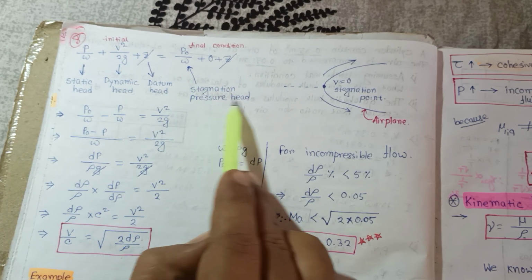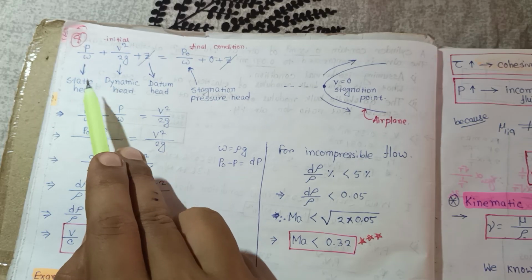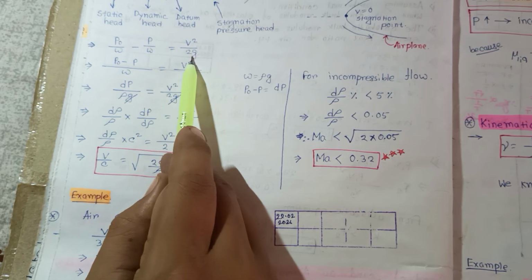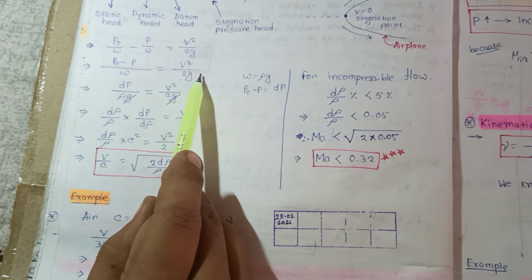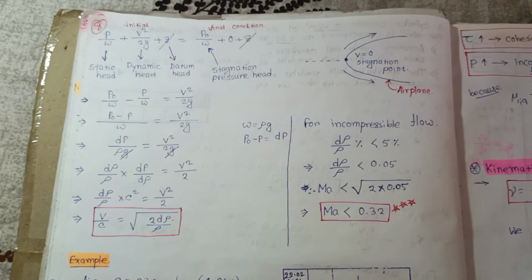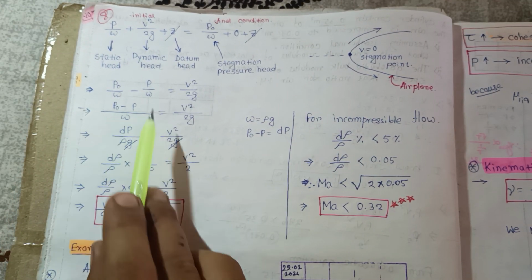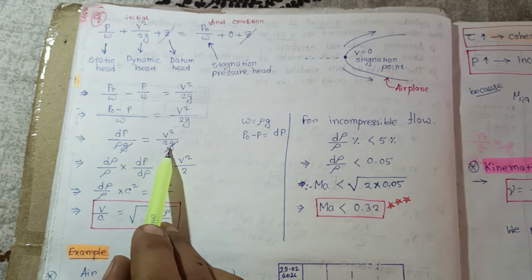So this is the stagnation head, this is the datum head, this is the dynamic head, and this is the static head. If you calculate P0 by omega minus P by omega, that is equal to V square by 2g. So P0 minus P, you can say this is dP, and omega is equal to rho into g, equal to V square by 2g.